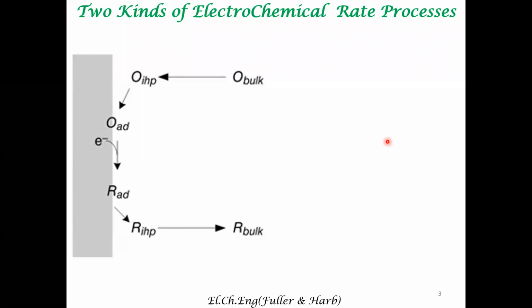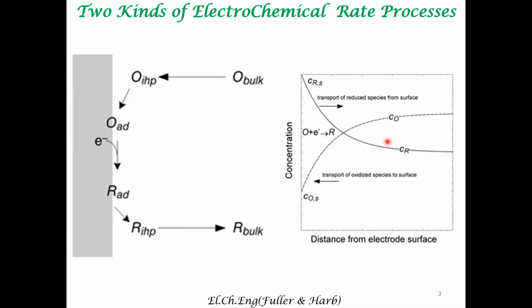We had looked at the driving force behind the transport, which is the concentration difference. There is a concentration difference between the bulk of the electrolyte and the electrolyte near the electrode surface. This is the reason for transport of species here, in this case indicated by O and R.